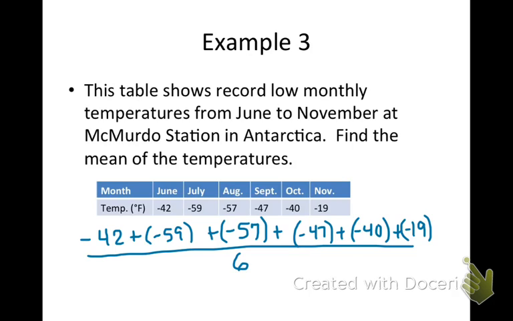So if I get that sum, I got negative 264, which will be a negative integer. And if I divide that by 6, I should have negative 44 degrees Fahrenheit for my average of the low monthly temperatures.